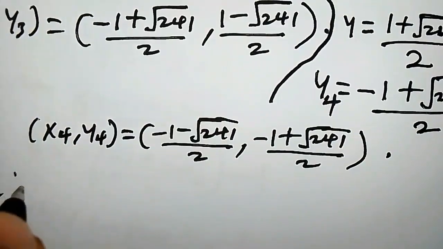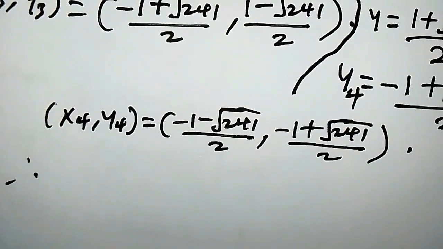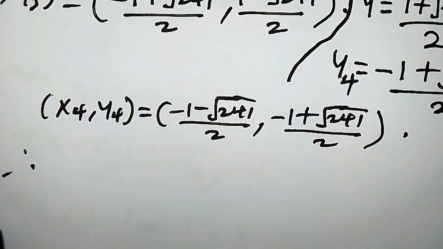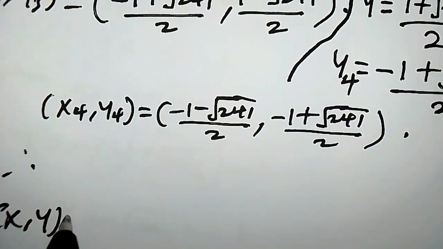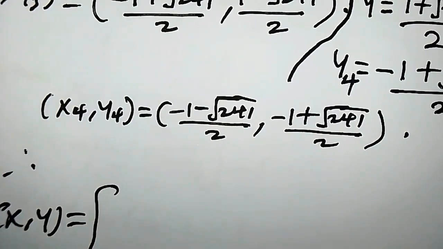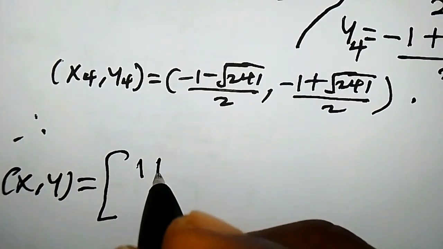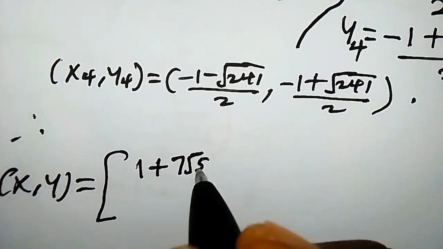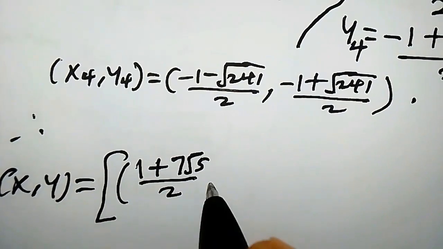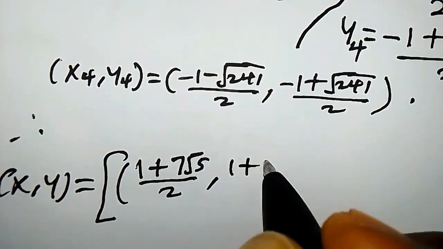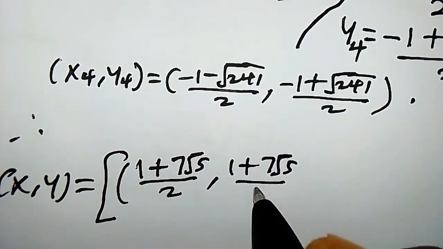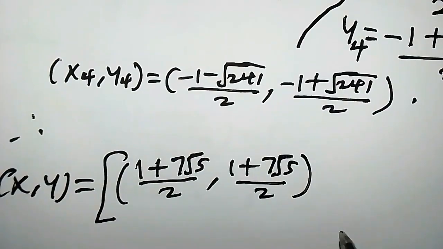So, therefore, all the solutions that we have for this math problem is simply x comma y is equal to the set of, the first solution that we obtained is 1 plus 7 root 5 divided by 2, comma, 1 plus 7 root 5 divided by 2. This is the first solution.